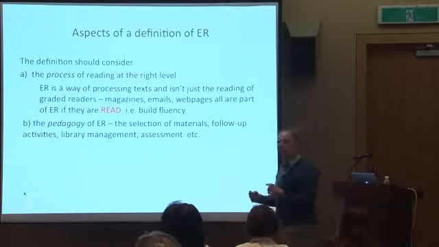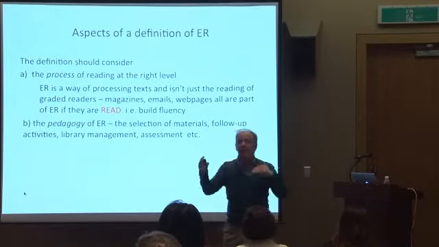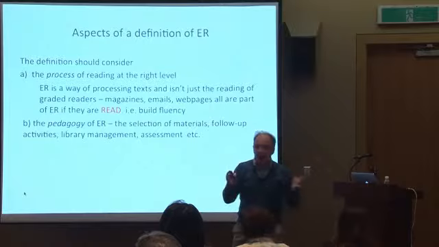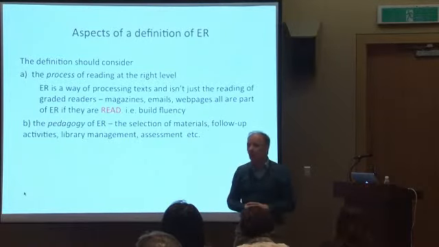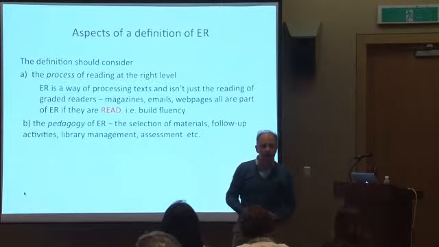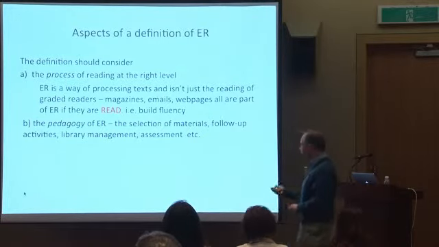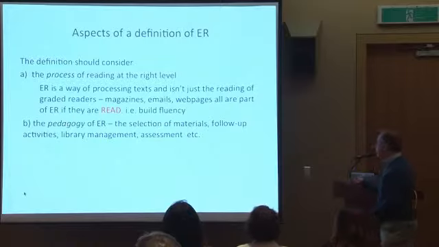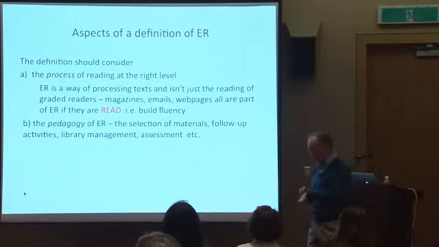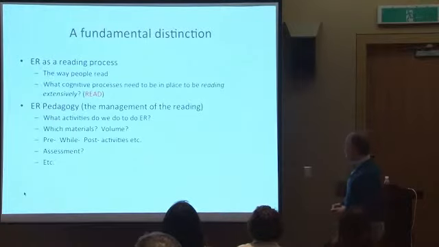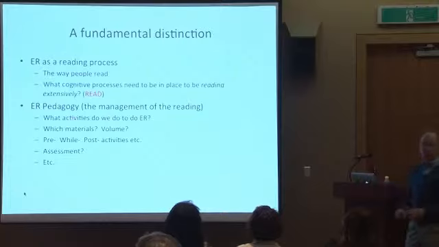And therefore, if students are reading at that level, it doesn't matter how much they read. 100 words only. If you're reading it fast, fluent, that's what we might call the cognitive side of extensive reading. Then we have the pedagogy, the big one, the selection of materials, the activities, the library management, and so on and so on and so on. How am I going? So we can see ER as a process, or we can see ER as pedagogy.